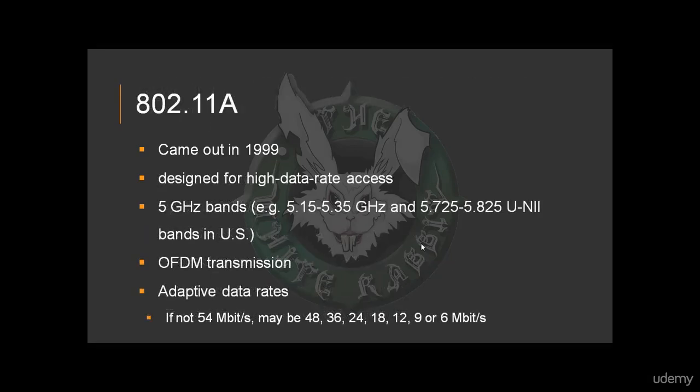Simultaneously with 802.11b, work was also being done on something known as 802.11a, which came out slightly later than 802.11b, also in 1999, but the numbering is this one's A and the other's B because this one was started slightly before 802.11b. 802.11a goes further than 802.11b in some ways because it is using OFDM, so it's the first Wi-Fi physical layer to use this advanced transmission scheme.